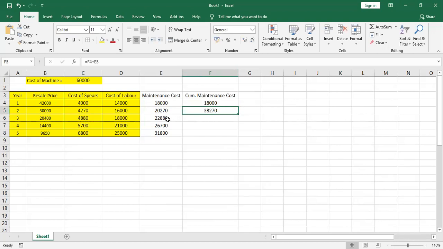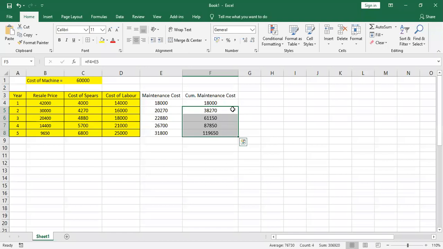Why are we calculating cumulative maintenance cost? In the first year we spend 18,000 rupees on maintenance, but in 2 years, that means the second year as well as the first year, if we club them, we are spending 38,270 rupees on maintenance. Similarly, in the third year we spend 61,150.